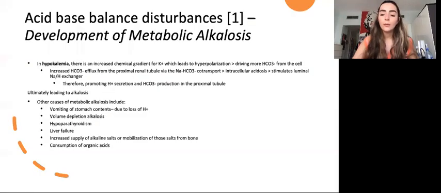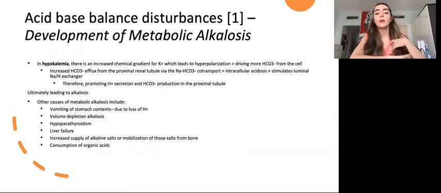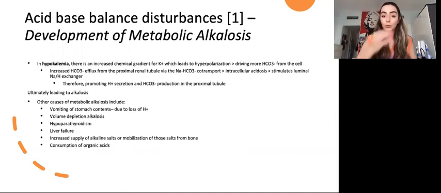Now we're going to talk about the acid-base balance disturbances and some electrolyte disturbances as well, such as calcium, phosphate, potassium, and magnesium. But for now, development of metabolic alkalosis, which means there's more alkaline in your blood than acid, so you have a higher pH in your blood than usual.